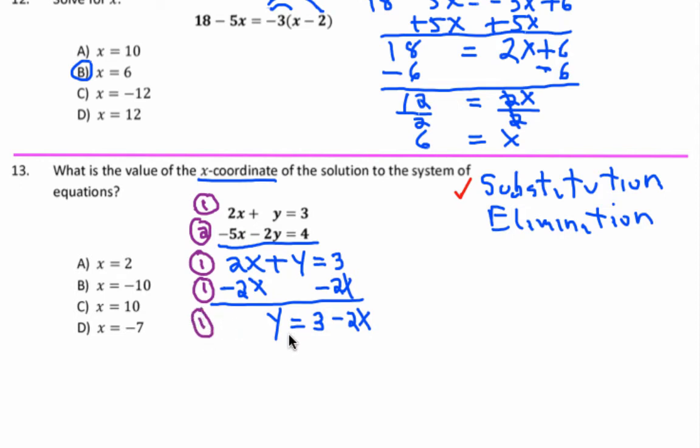At this point, I want to solve for x. Well, what I wind up doing is plugging in y, whose value is 3 minus 2x, into the other equation, into equation number 2.